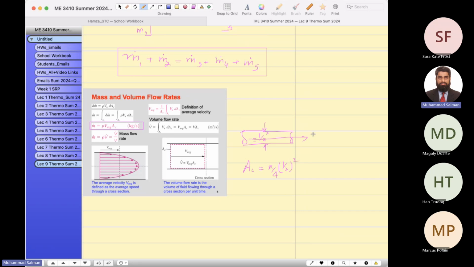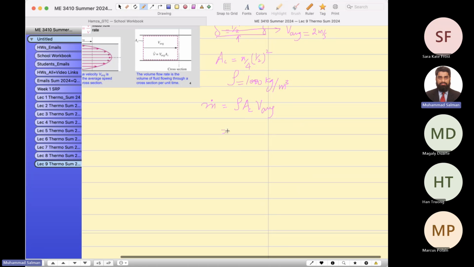Imagine the average speed of water is 2 meters per second, for example. The density of water is 1,000 kilograms per meter cube. So you can tell me, Professor, look over here, rho times area of cross section times V average. Then you will do the math here.